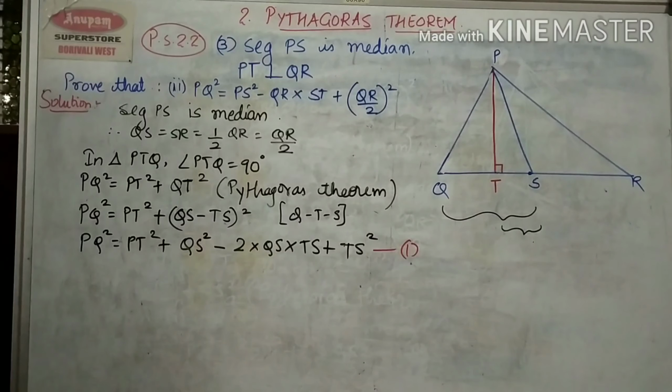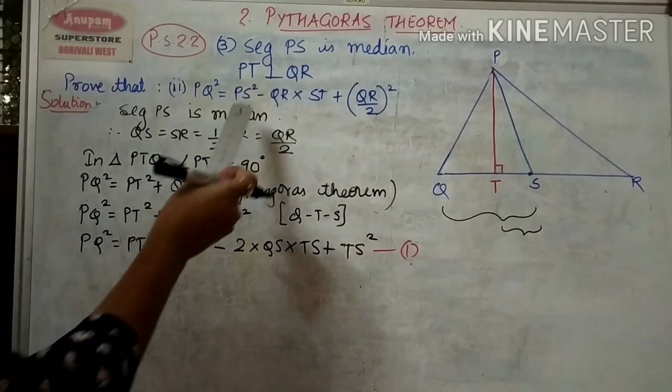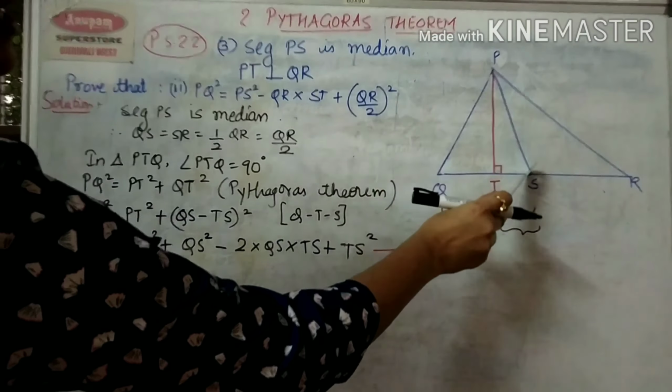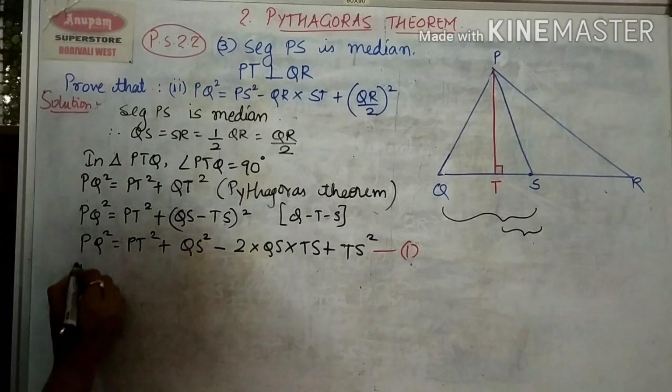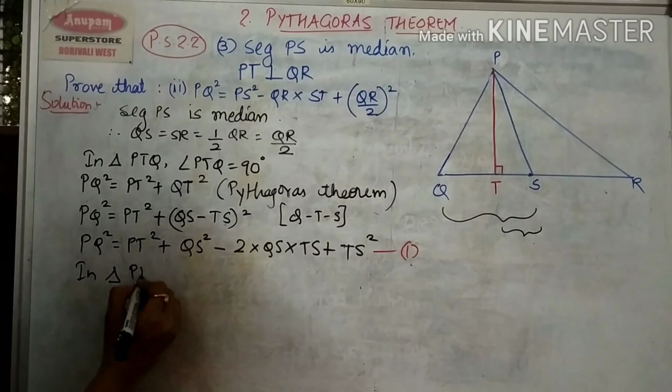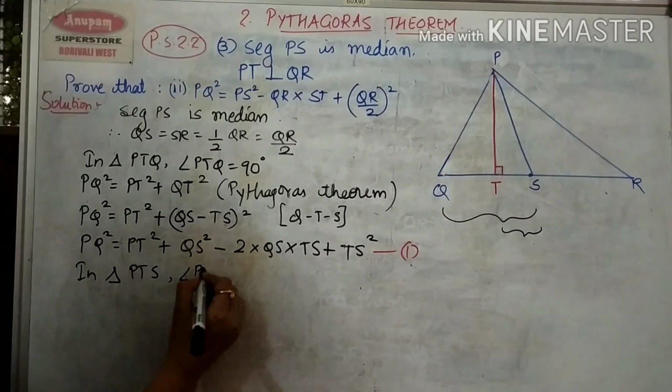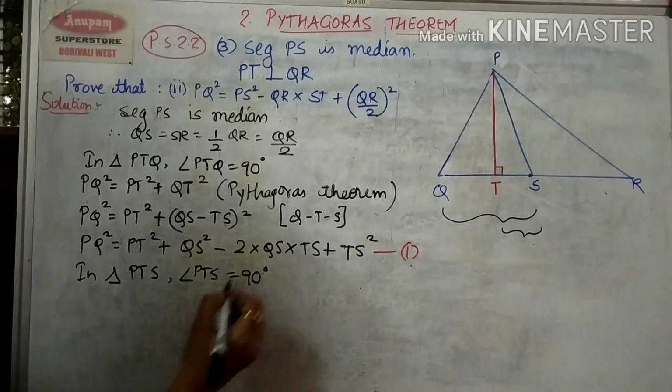Now let us check what is the other part that I want here. The next part that I want is PS square. So PS square will be equal to PT square plus TS square. In triangle PTS, angle PTS is equal to 90 degrees.